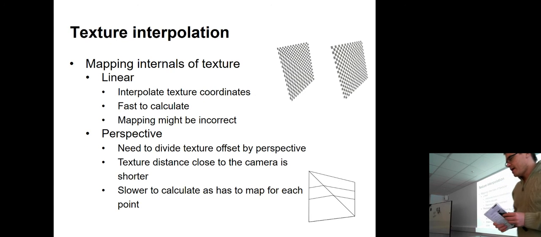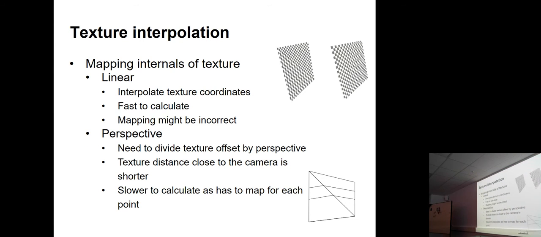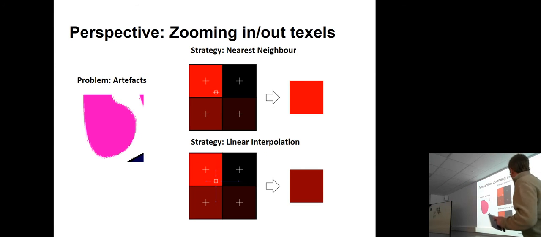But there seems to be another effect if you apply this linear interpolation scheme on further distances. You may get incorrect mappings when you look at farther distance, and the reason is that you see disproportionately more from a given projection of one pixel than another, right?